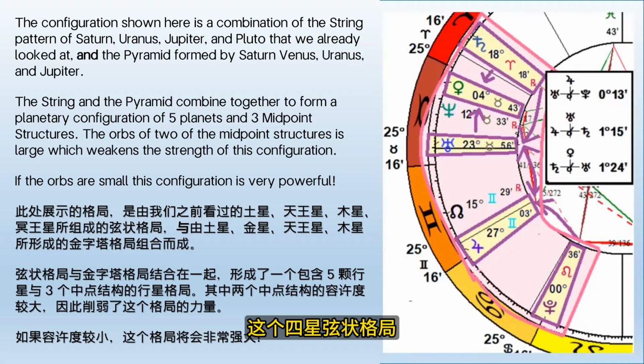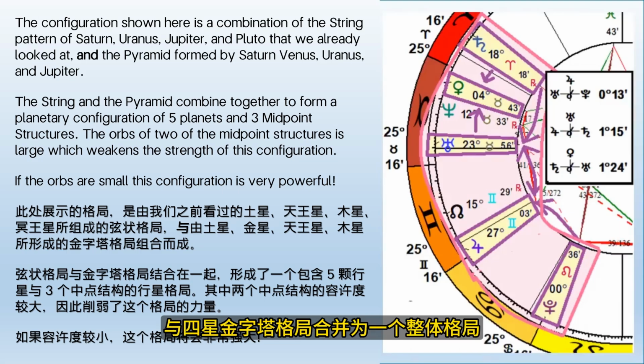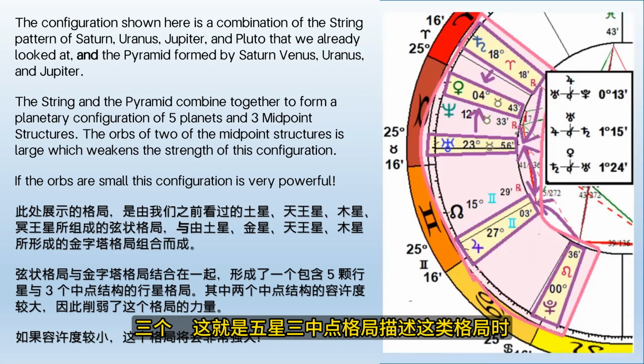So the 4-planet string and the 4-planet pyramid are all combining together into one configuration. Important point, how many planets are there? 5. How many midpoint structures are there? 3. So this is a 5-planet and 3 midpoint configuration.